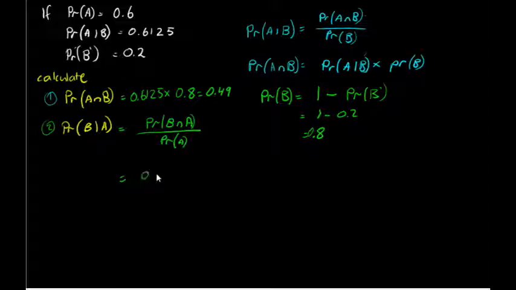So 0.49 over 0.6. So 49 over 60, and whatever that is as a decimal.